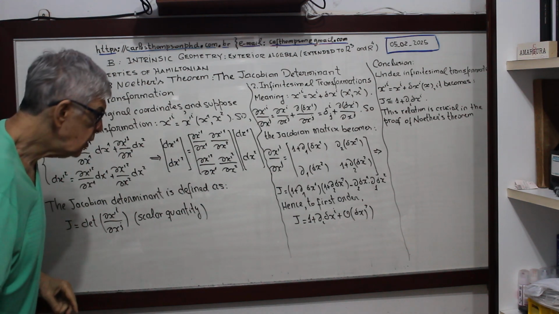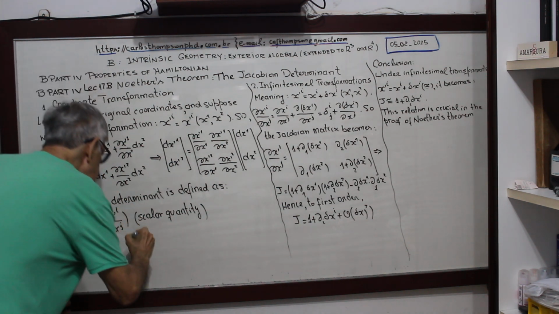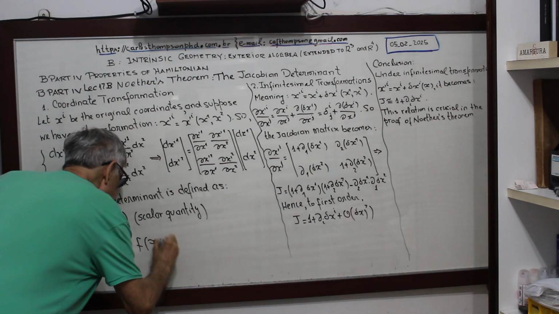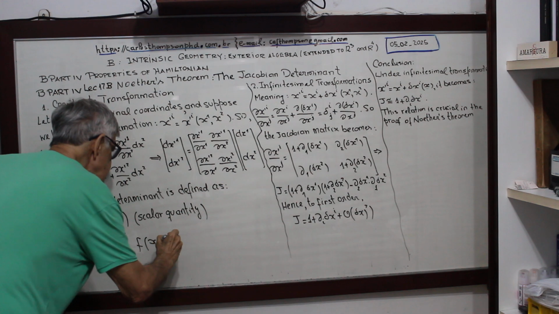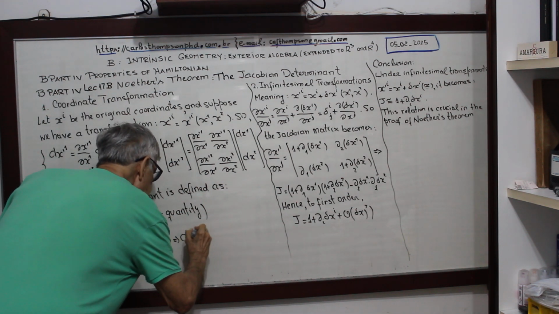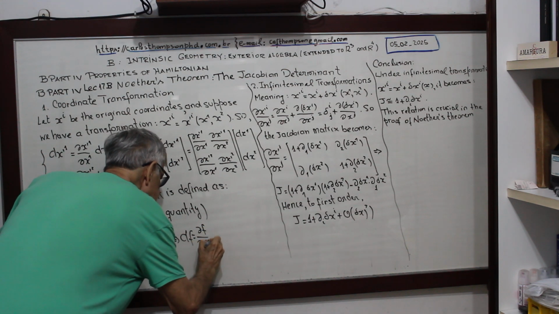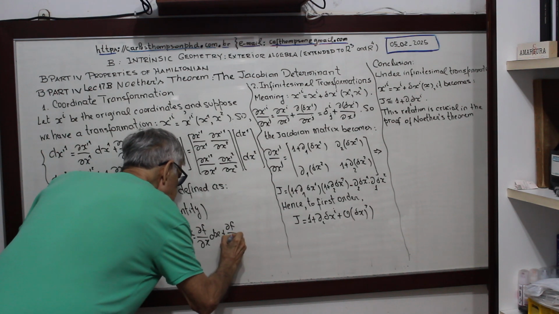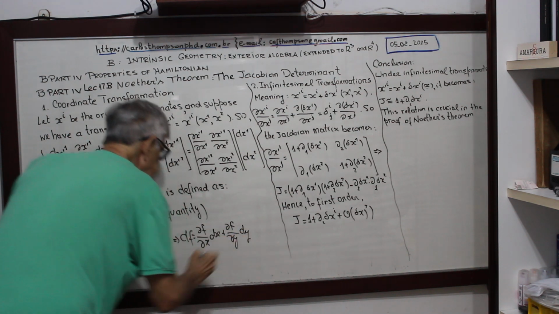If you recall, if I have a function f of x and y, this implies that the differential of f is equal to partial f with respect to x, dx plus partial f with respect to y, dy.